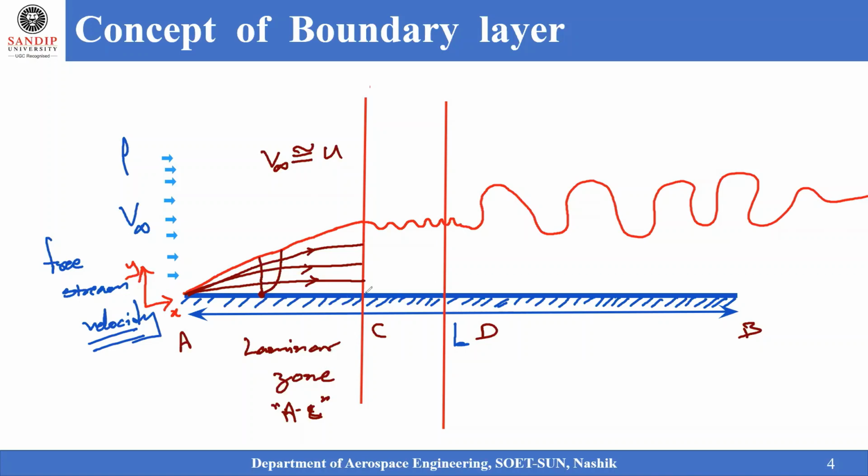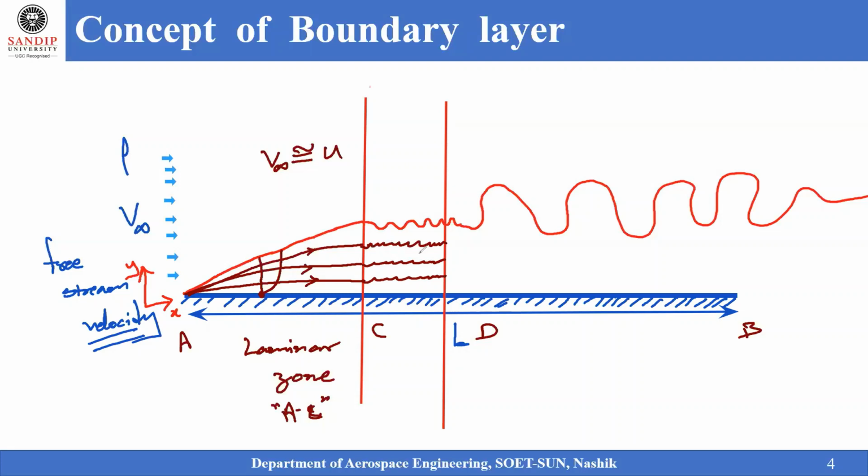Now the next point. If I am entering the CD zone, we said that a slight disturbance in the flow has started. So the flow is nowhere laminar in nature, that means the flow lines are not parallel.